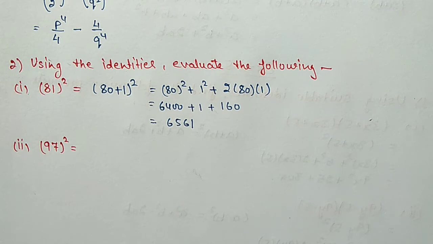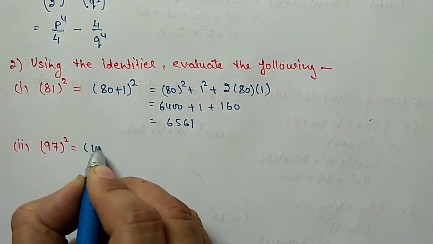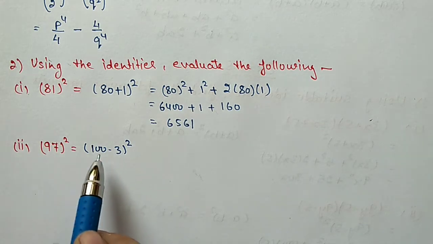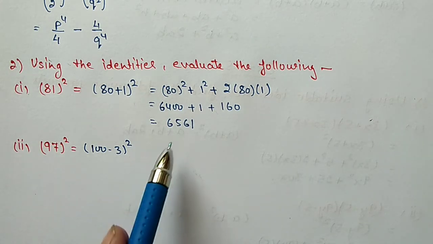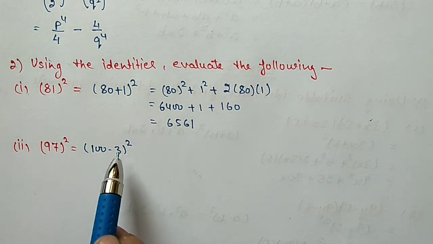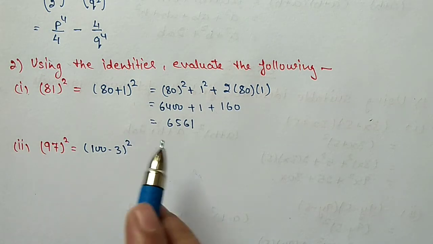Second part, 97 whole square. So 97 we can write as (100 minus 3) whole square. You can write it as 90 plus 7 also, it is your wish. So if you are writing (90 plus 7) whole square, then you have to use the (a plus b) whole square formula. If you are writing 100 minus 3, then you have to use the (a minus b) whole square formula.